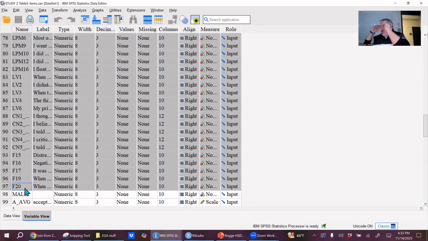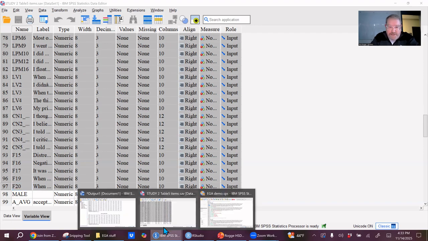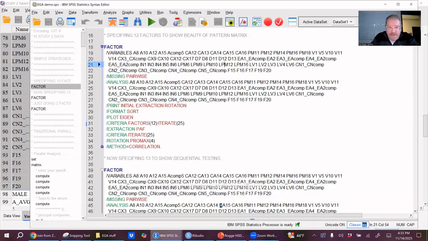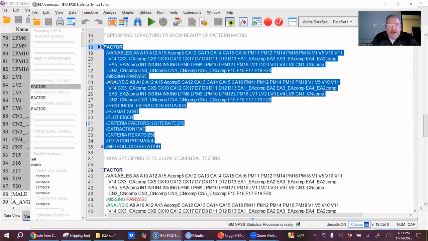And I'm not going to go into what all of those little acronyms stand for. But those are the variables that we submitted to the analysis. And so this is the EFA that I ran to get that pattern matrix that I've already shown you.